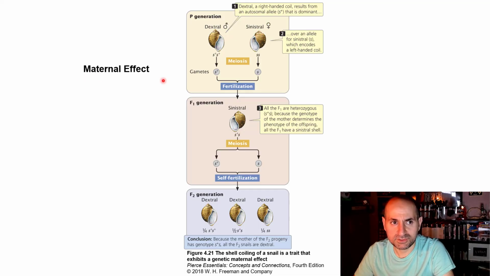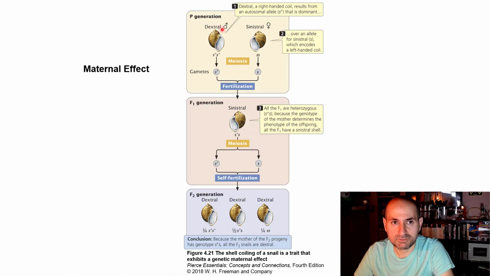Now remember what maternal effect means. It means that the genotype of the mom determines the phenotype of the offspring. Okay, so follow that. The genotype of the mom dictates the phenotype of the offspring. Just remember that, and it'll make much more sense as we go through here.